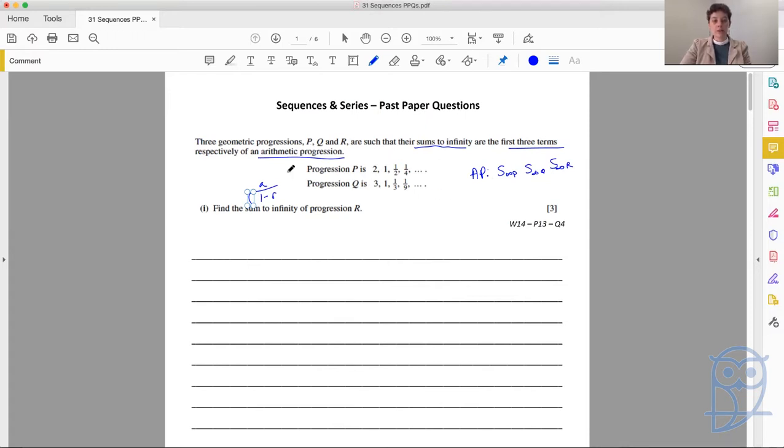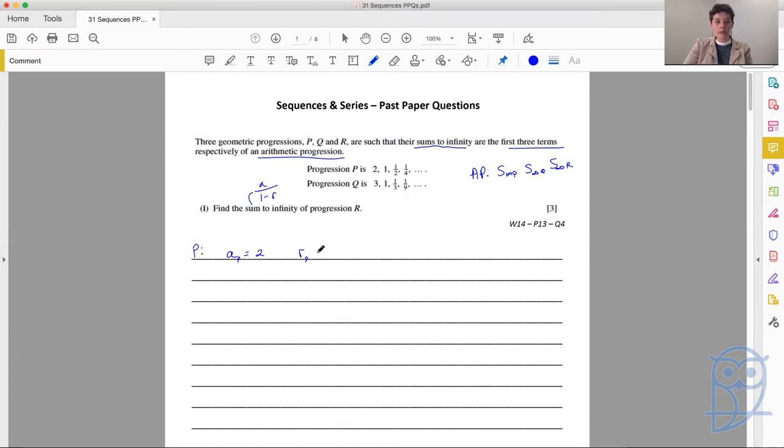So we need to then get sum to infinities for P and Q. So for P, we know that A equals 2. So I'm just using a subscript of P to keep myself in line in terms of which sequence I'm working with.